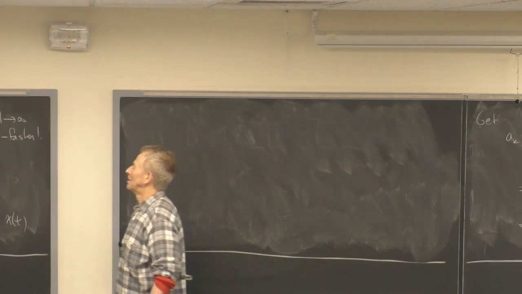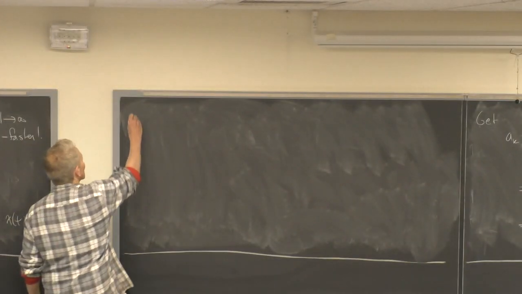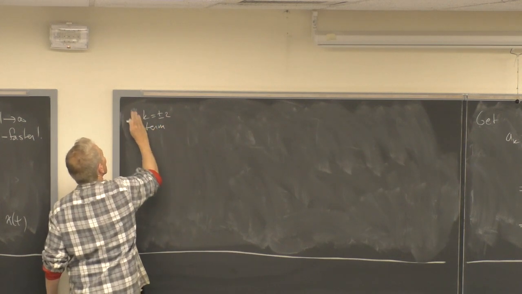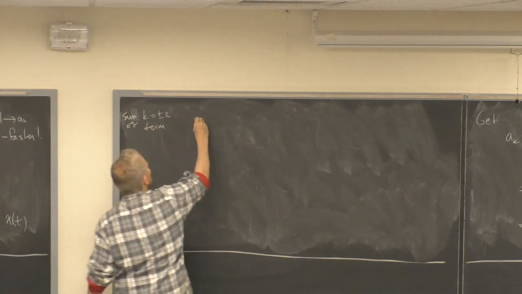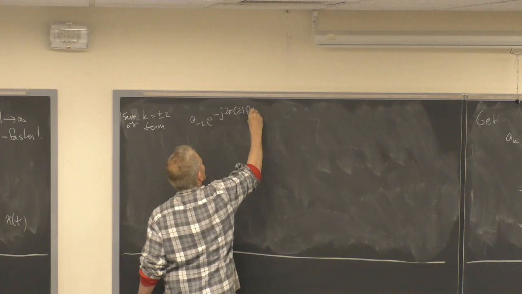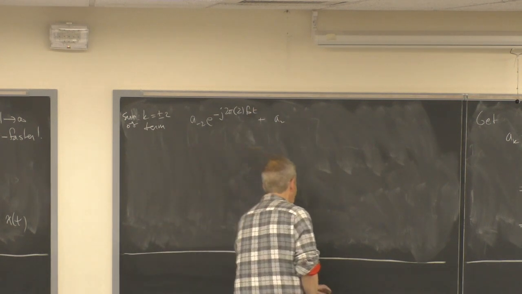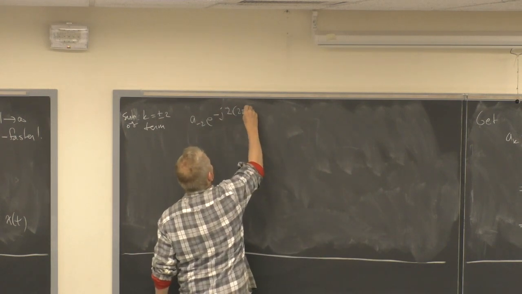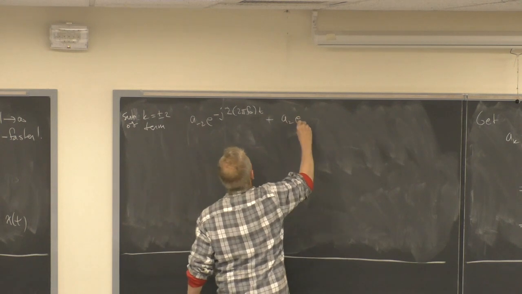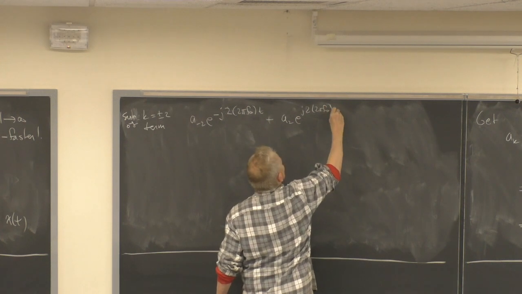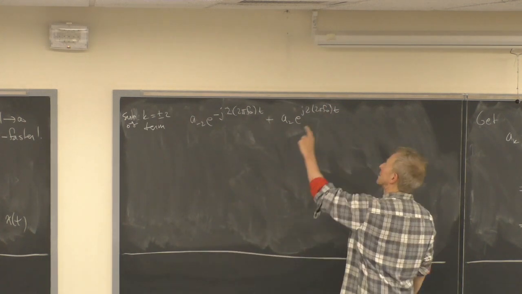And some people say, OK, this is the fundamental component, and the k equals plus and minus 2 terms sum, which is a sub minus 2 e to the minus j 2 pi times 2 f0 t plus a2 e to the positive j 2 pi times 2 f0 t, is the first harmonic.